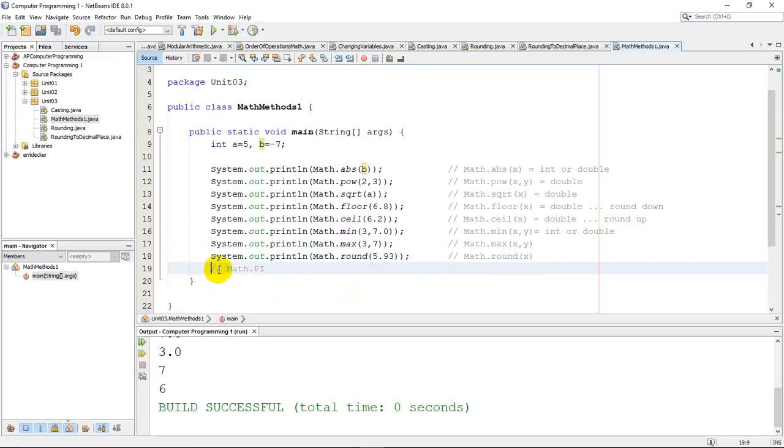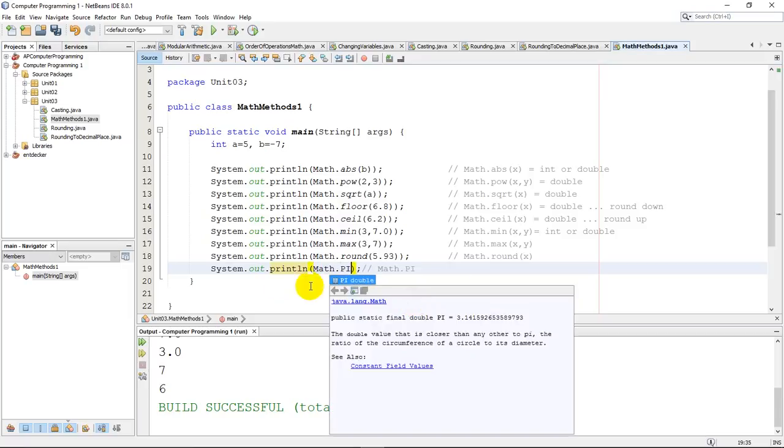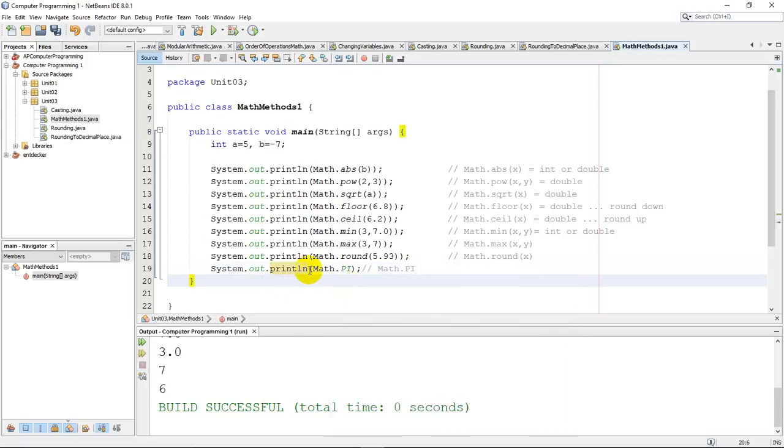The last item isn't a method, it's actually a constant. It's a final variable in the math area of Java. So if you ever want the number pi and you want to use it, you can just call it. You can just say, go to the math, go math, and then grab that number pi for me.